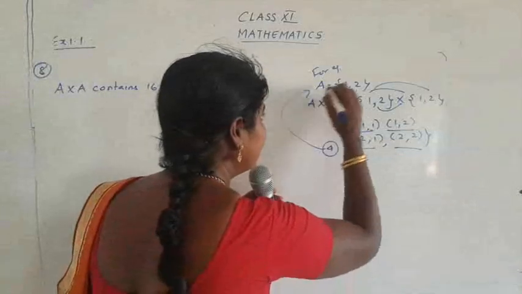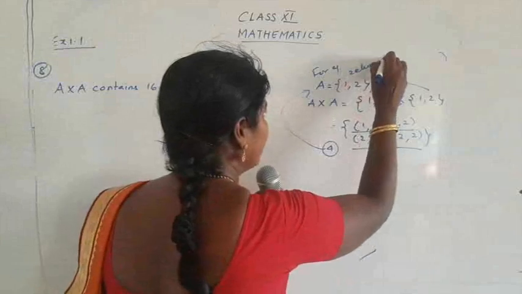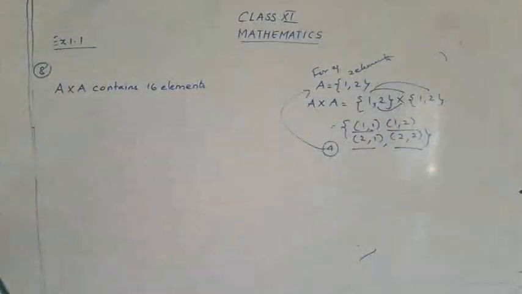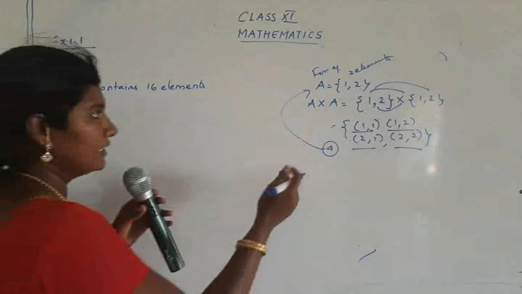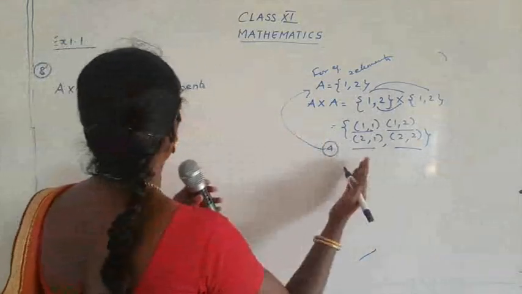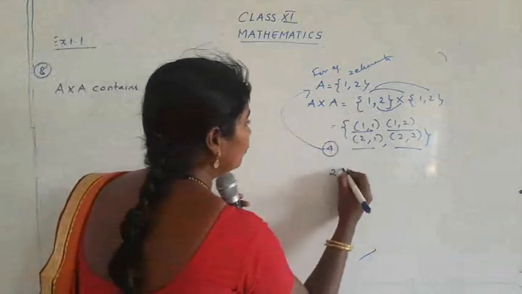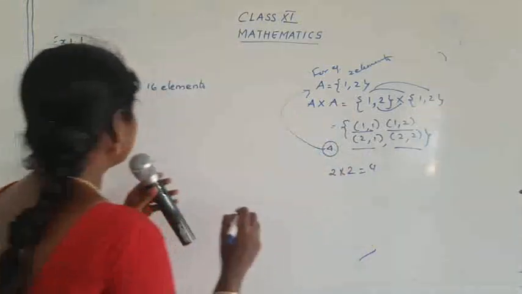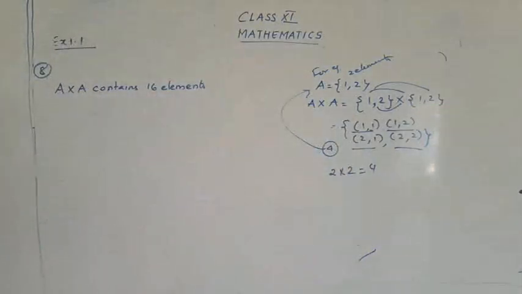That means the set contains how many elements? 2 elements. It's not half of it; you have to divide it equally. So 2 into 2 is equal to 4. Similarly, A cross A contains 16 elements.